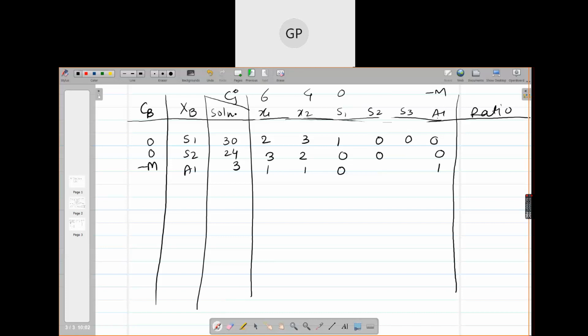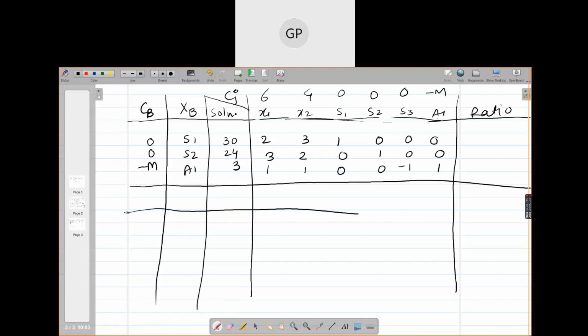Ma'am, S2 is 1 in the second row. 1, 0, 0, minus 1. This is 0, 0. Correct now, Archana? Yes, ma'am. And here my Z value is minus 3m.